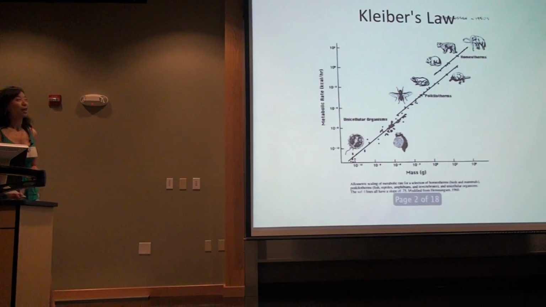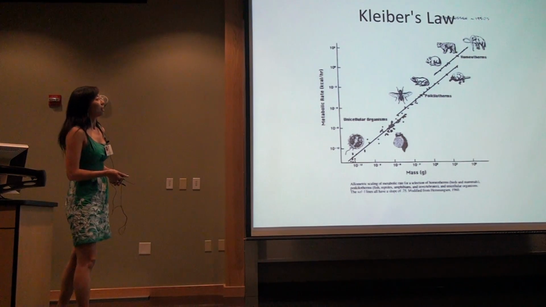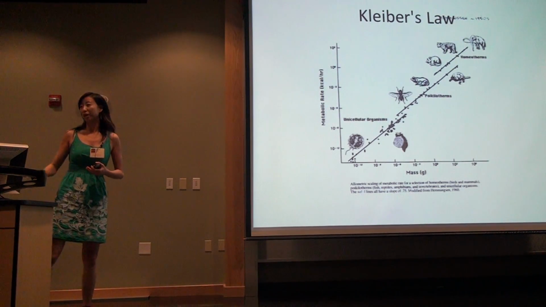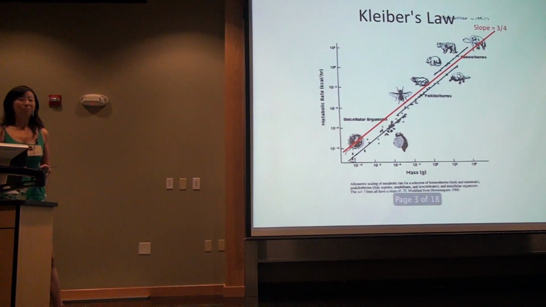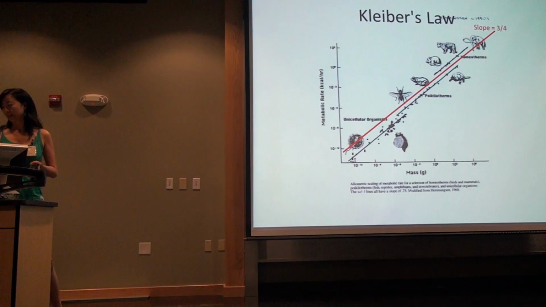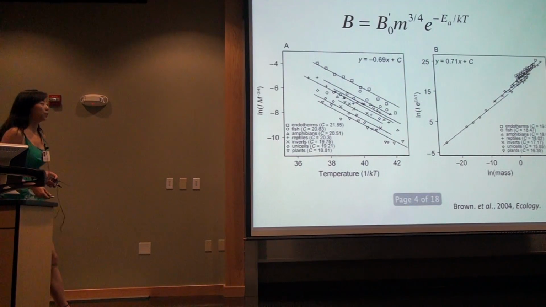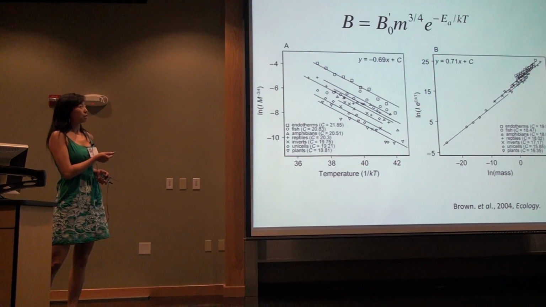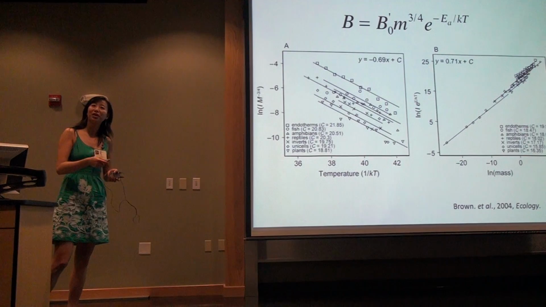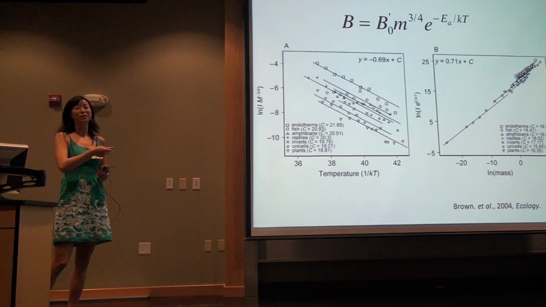So, as we know for decades, the metabolic rate scales with body mass quite well, and Brian has already mentioned a lot of them, so I won't get into it. But we also know metabolic rate is a function of the temperature, and since this will be the only equation in my whole talk, I will give it some attention.